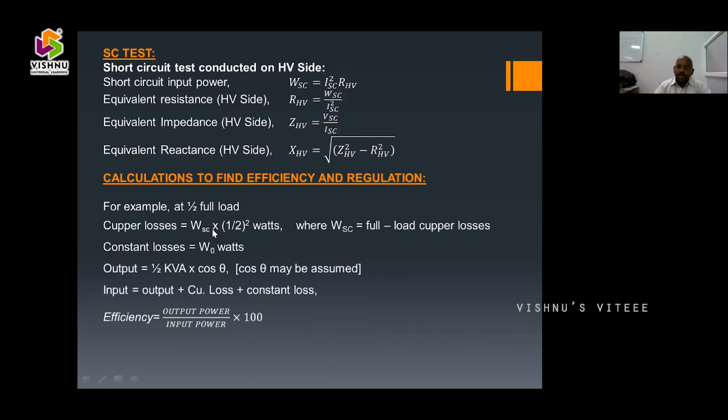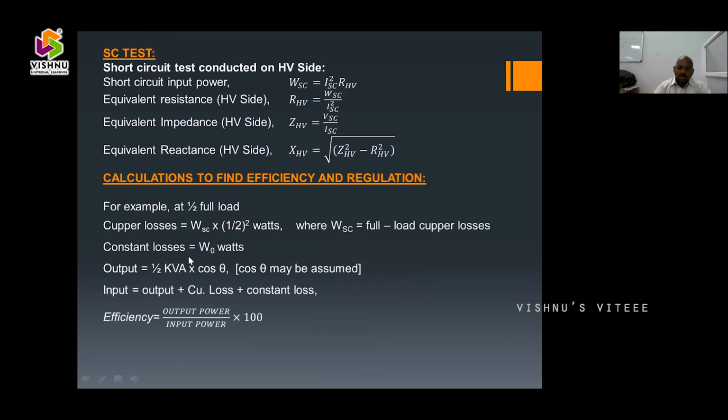Whenever you increase the load on the transformer, the current drawn by the transformer also increases, so the copper loss also varies with respect to load. So that's why the copper loss at a desired load is calculated by WSC into x square watts, where x here means 1 by 2, and WSC is the full load copper loss.